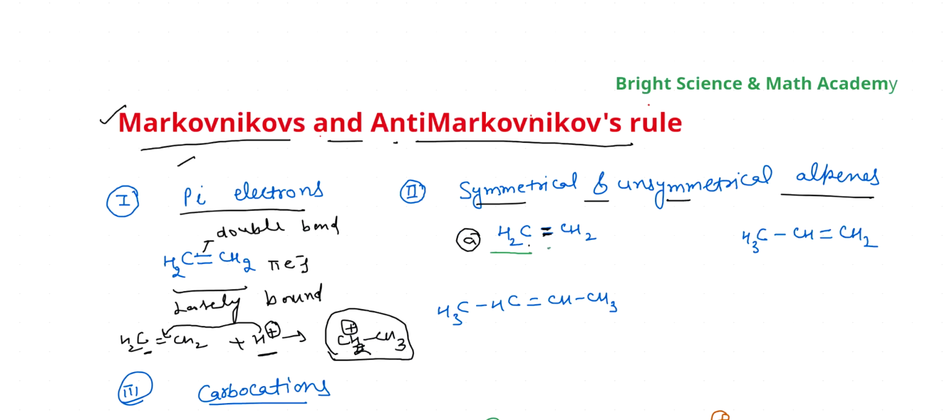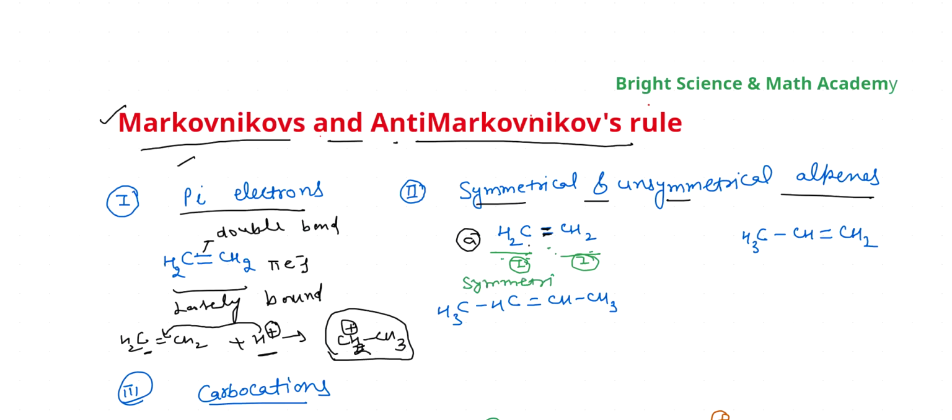There is one carbon on the left side and also on the right-hand side. So it is symmetrical if the number of carbons is the same on the left side and the right side of the double bond. Then it is a symmetrical alkene.